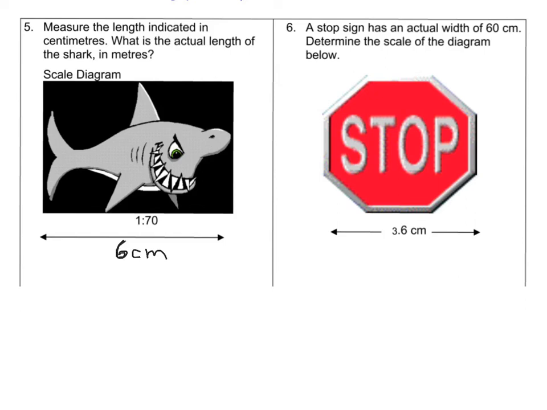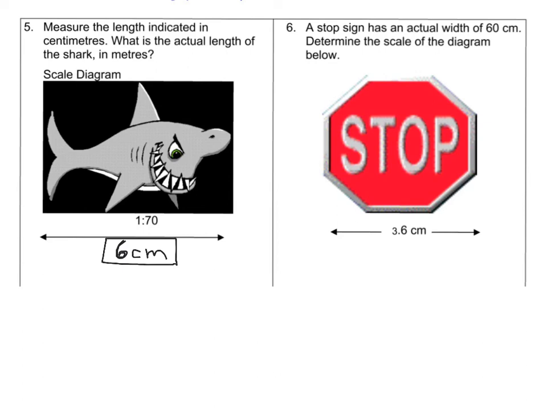I hope that's what you got as well. I mean, I could be incorrect because I used a ruler from my iPhone. Maybe it's 6, maybe it's 7, but for the sake of the argument, I measured this to be 6 centimeters with my iPhone's ruler. Now it says measure the length indicated in centimeters. What is the actual length of the shark?